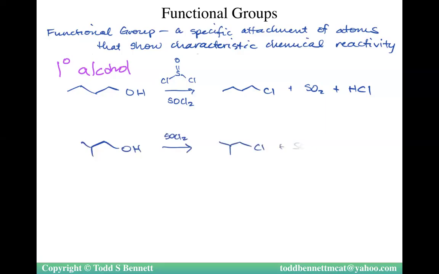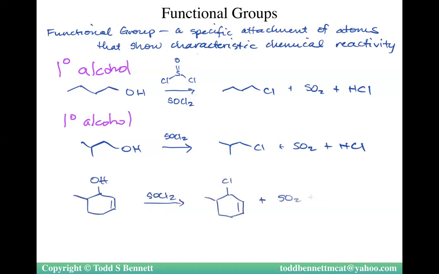Okay, so if we choose to do the same compound, SOCl2, but react with a different alcohol, notice we still get the exact same situation. So it's still an alcohol. It's still going to a primary alkyl chloride. And now we have a secondary alcohol.